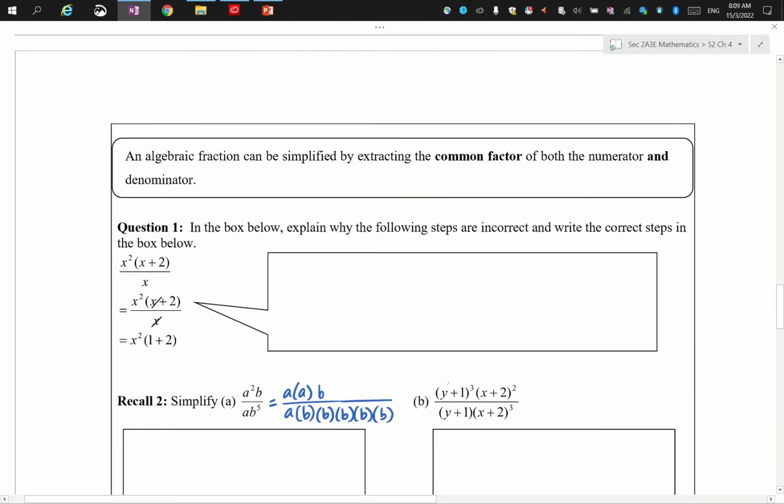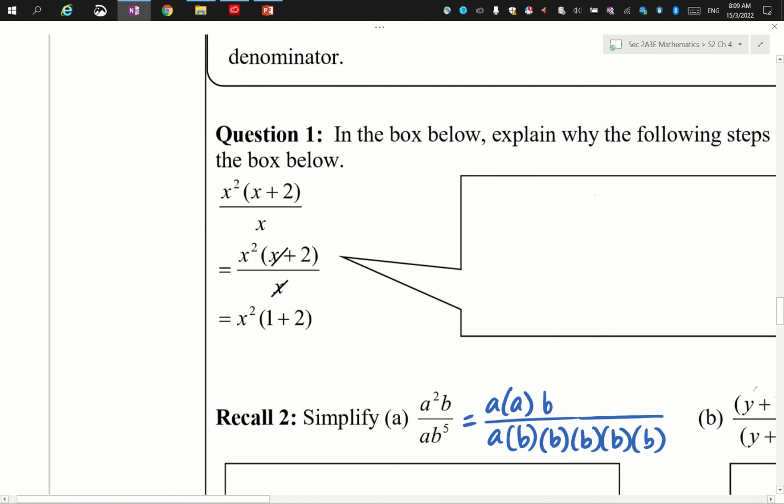Okay, so let's take a look at this example over here. We've got x squared multiplied by x plus 2. So here I've got a factor x squared. This is another factor, x plus 2. The entire thing is a factor. Whereas the denominator, we've got a factor x. So what does this example show?